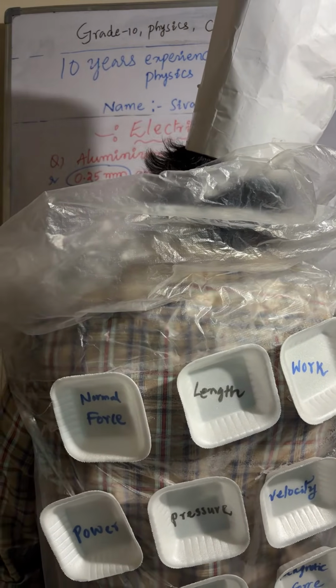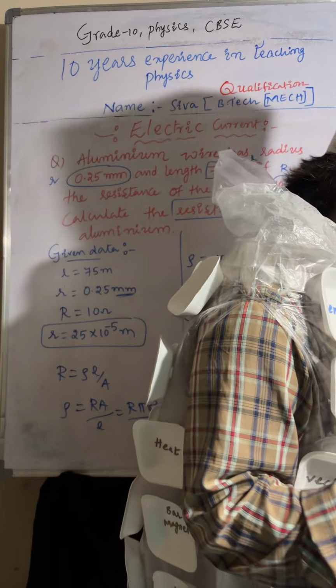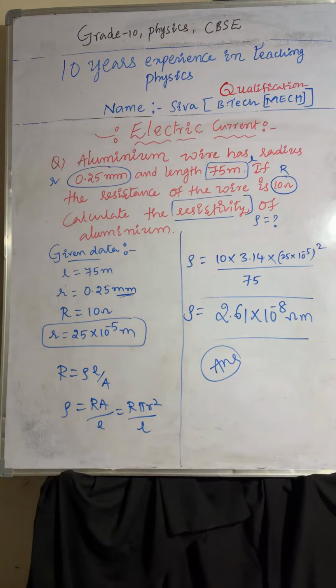2.61 into 10 power minus 8 ohm meter. Is it correct or not? So check once, then I'll go to the next question. Shall we go to the next one? So next question I'll write. Try to solve it.